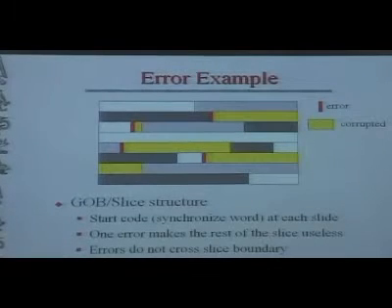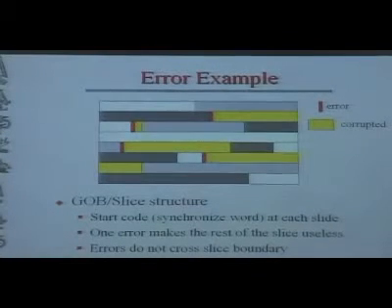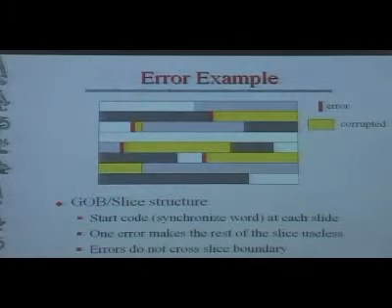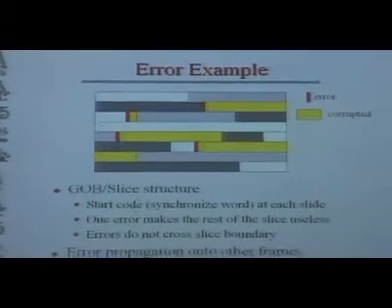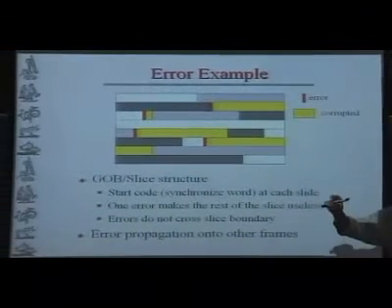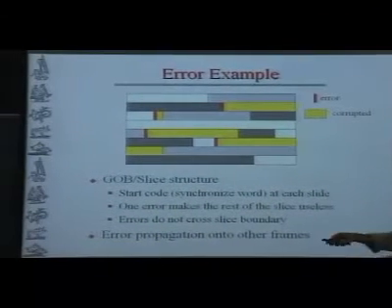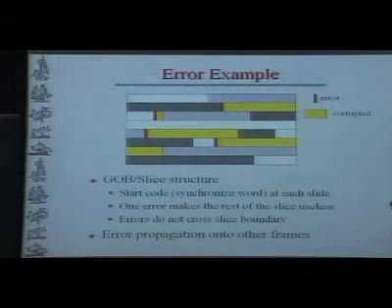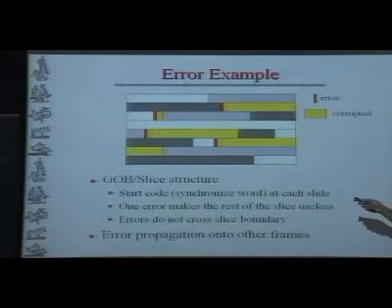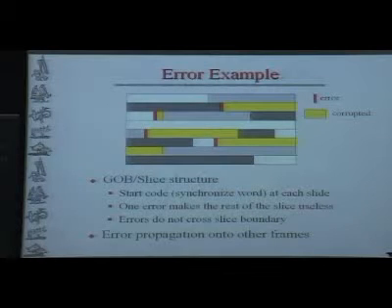So an error example is like this. This is a video frame. These are called slices, which is just a group of macroblocks that are encoded together. Now, a slice means that there is no relationship between this slice and the next.